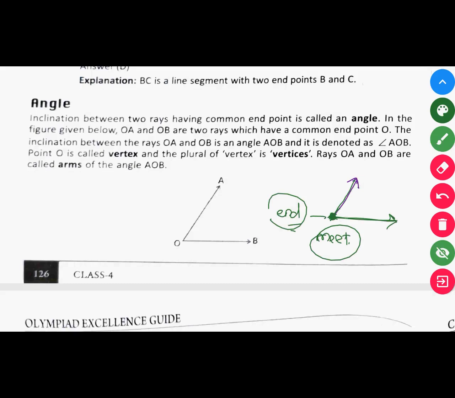Then, when they incline each other at one common end point, it is known as an angle. When such a condition happens, the figure formed is known as an angle. So an angle is made up of two rays which have a common end point.